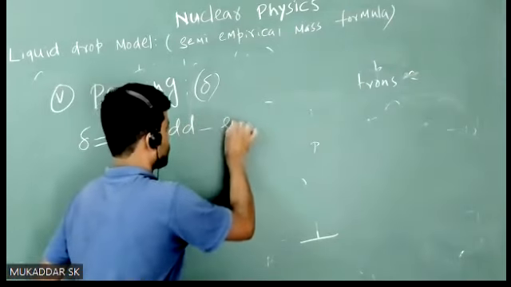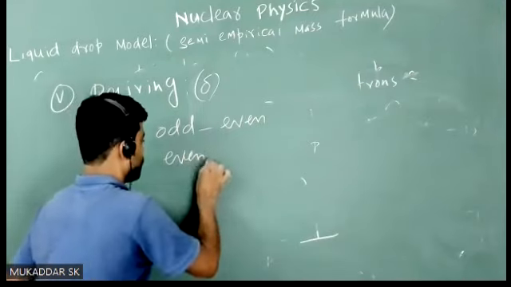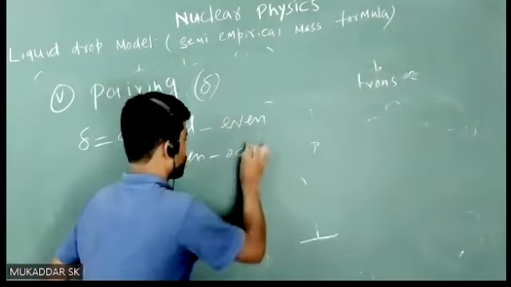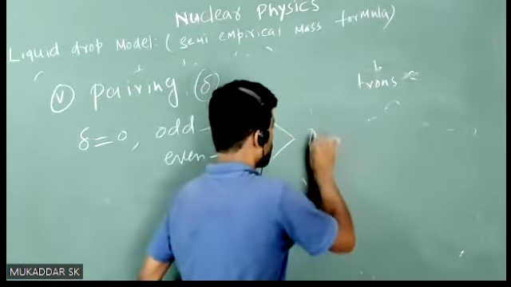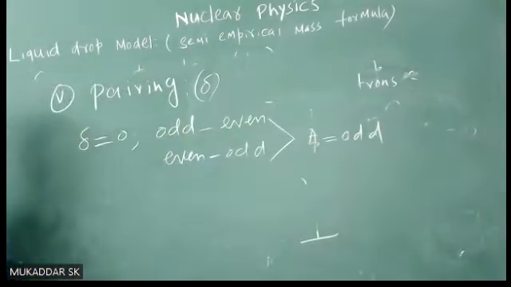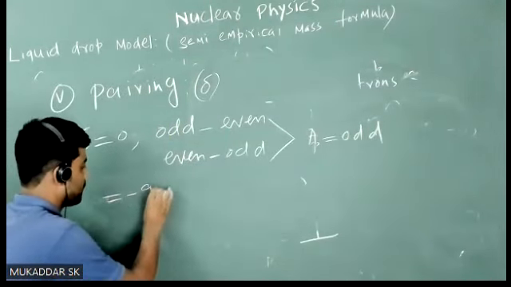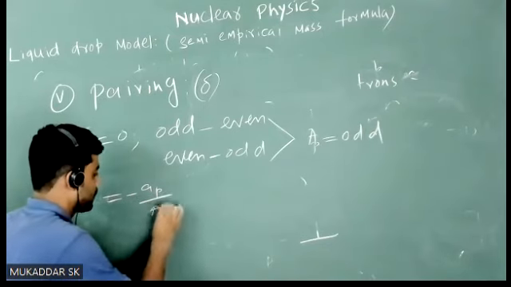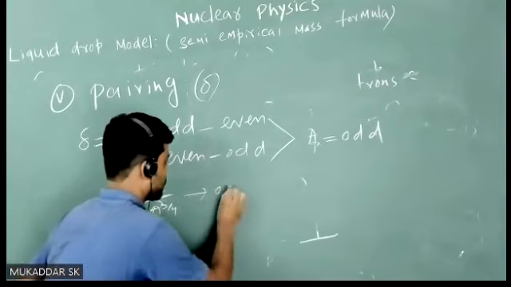Odd even case or even odd case. इसका मतलब क्या है कि मास नंबर आपका ऑड है, ठीक है। सो डेल्टा विल बी माइनस AP डिवाइड बाई A की पावर 3/4, ओके। This is for odd case.